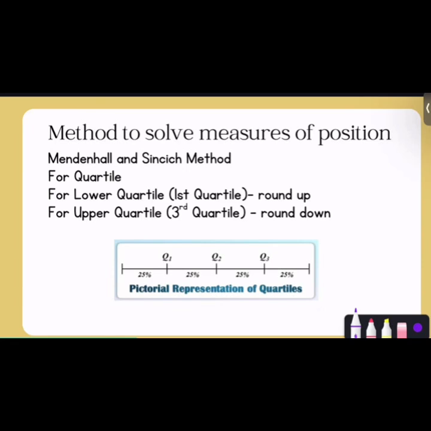While for the upper quartile or the third quartile, if the answer is a decimal, then we round down. Again, this is our median.